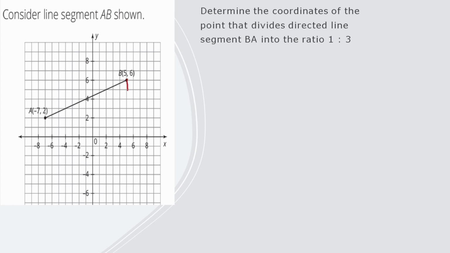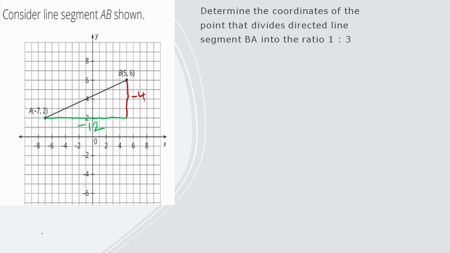We're going to go down 1, 2, 3, 4. So our rise is a -4 since we went down. And then our run is going to be 1, 2, 3, 4, 5, 6, 7, 8, 9, 10, 11, 12. Since we're going left, it's going to be negative again. So we got a -12.